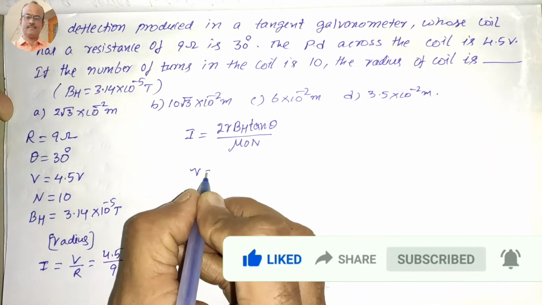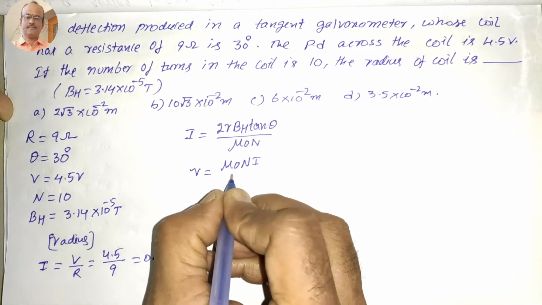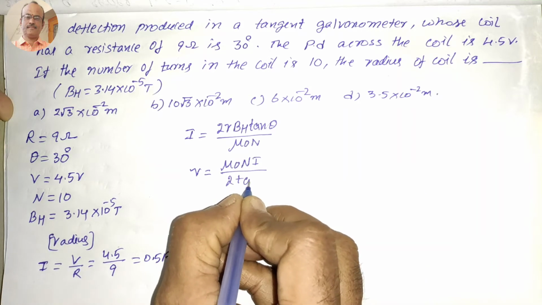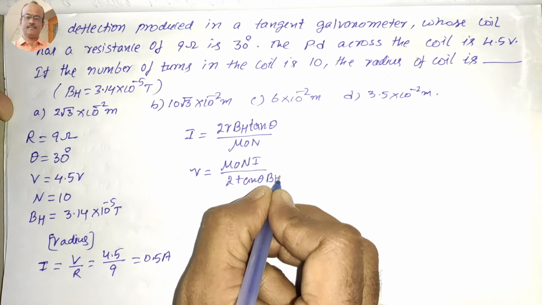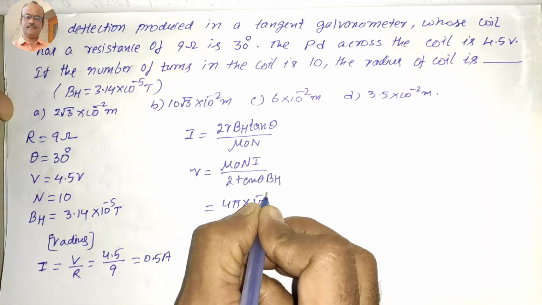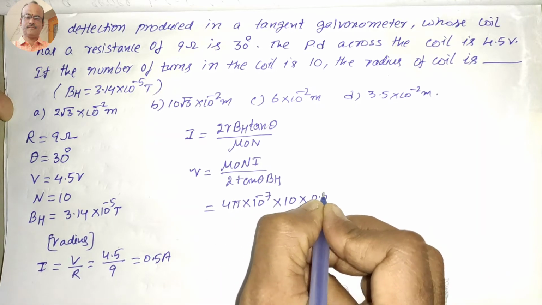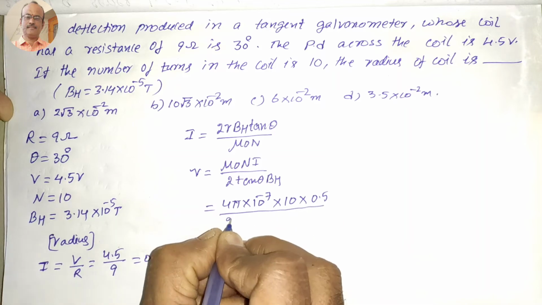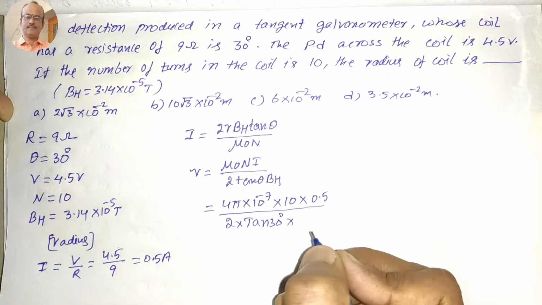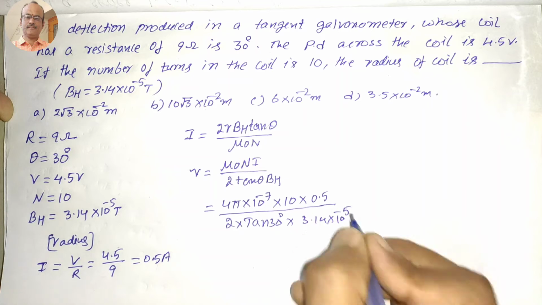But I want to calculate the radius. R is equal to mu naught N into I divided by 2 tan theta into BH. Now mu naught is 4 pi into 10 to the power of minus 7, into number of turns 10, and current 0.5, divided by 2 into tan 30 degrees into BH, that is 3.14 into 10 to the power of minus 5.